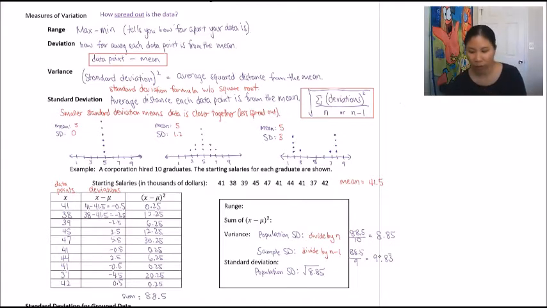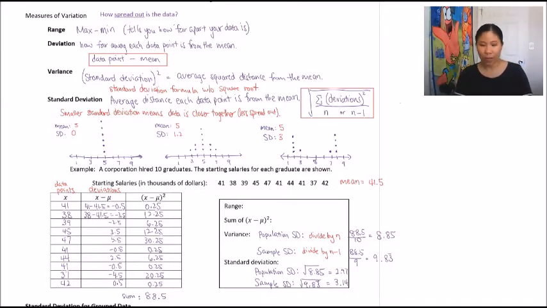That gives me 2.97 if I round to 2 decimal places. If this was a sample standard deviation, then I would square root the 9.83, and I would get 3.14 if I rounded to the second decimal place.